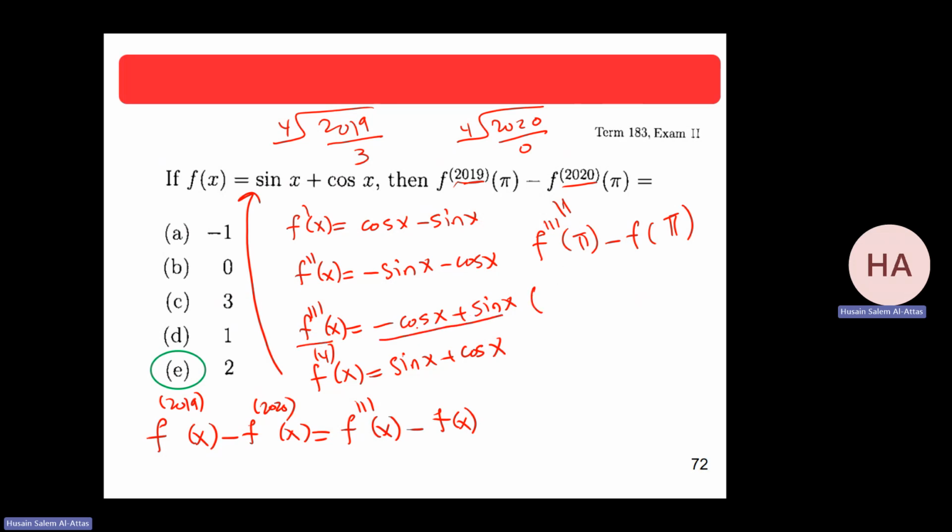That will be minus cosine pi plus sine pi minus f of pi, sine pi plus cosine pi. Cosine pi is minus 1. So that will be 1 plus 0, 1. This is minus 1. So the answer is 2. That would be the answer.